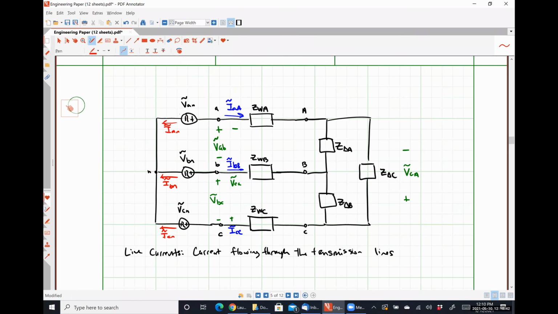What if I had a Y connected load? What would be the relationship between the line currents and the phase currents in a Y connected load? For the sake of argument, let's scribble one in here real quick.